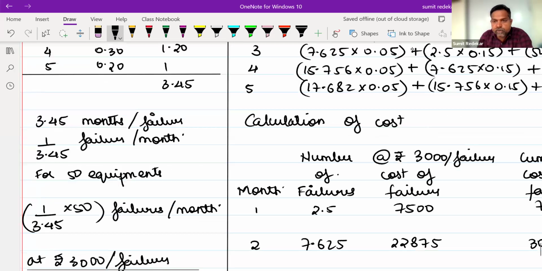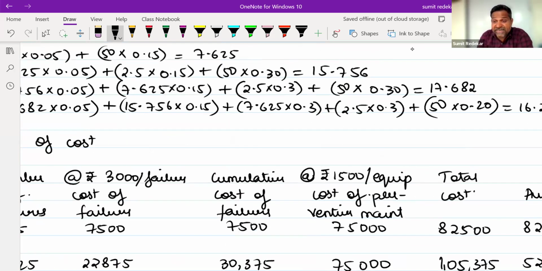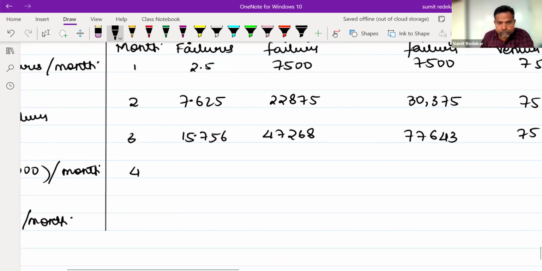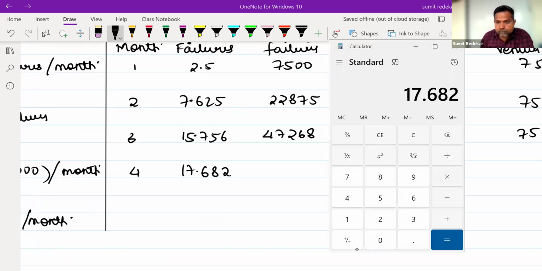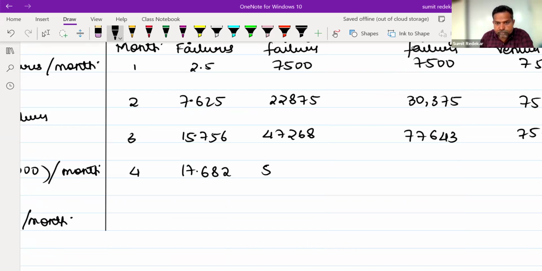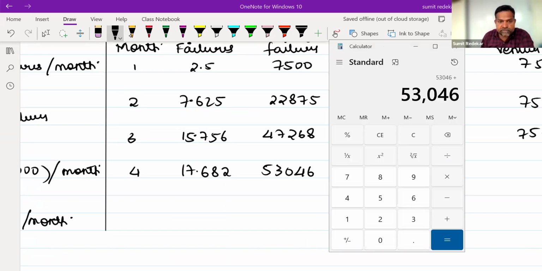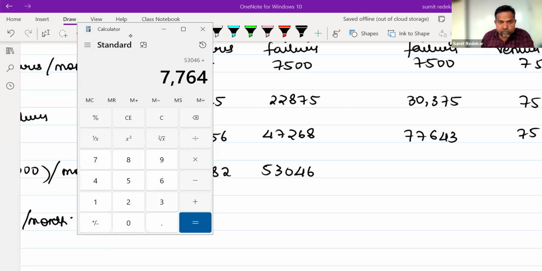Month 4. How many failures? 17.682. 53,046, yes. Cumulated with 77,643. 130,689.